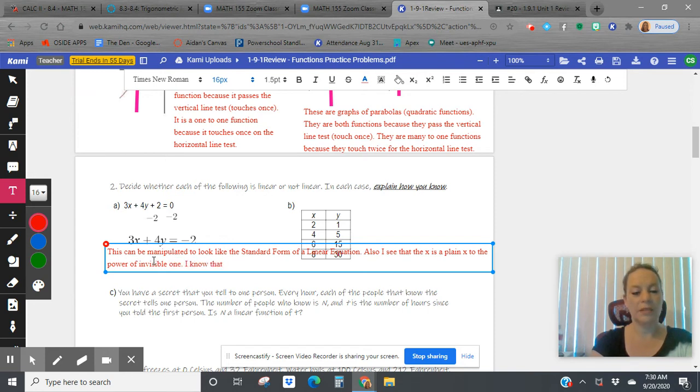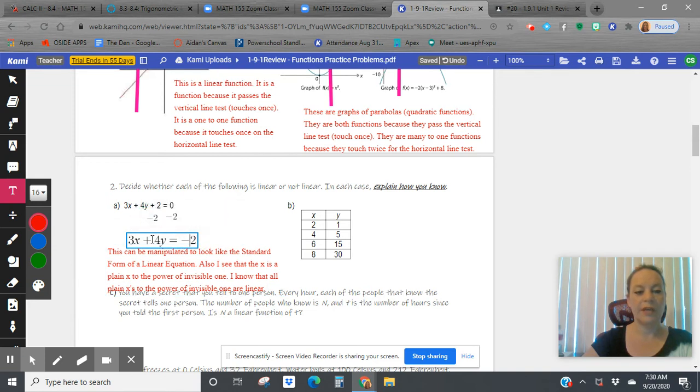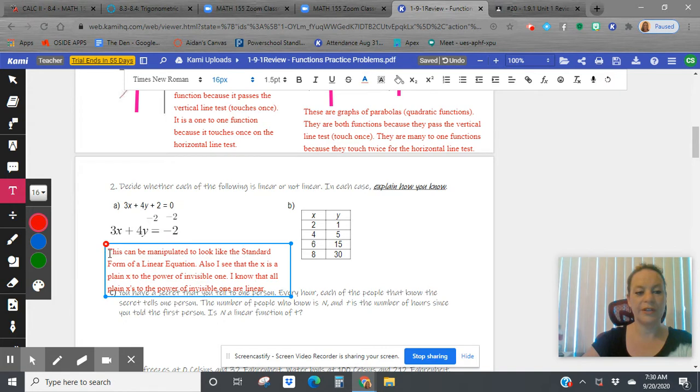I know that all plain x's to the power of invisible 1 are linear. You could put a couple reasons. You could also say if I graphed this function, it would be a line. You could show the graph of this function that it is a line.